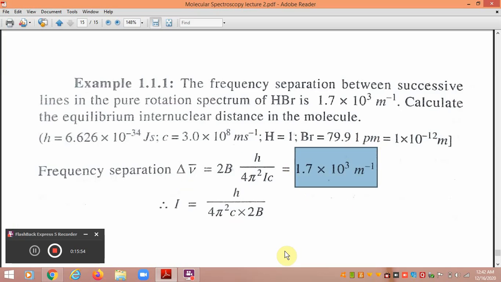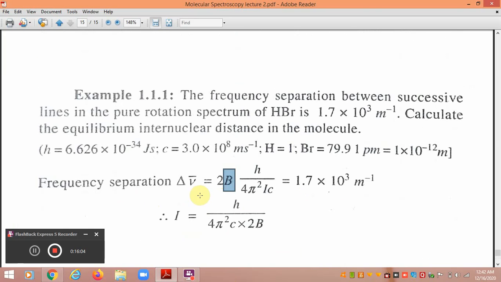From this we can also calculate the rotational constant B. So this type of numerical can be asked in the examination. If the separation between successive lines in the pure rotational spectrum is given, then they can ask you the value of the rotational constant B.